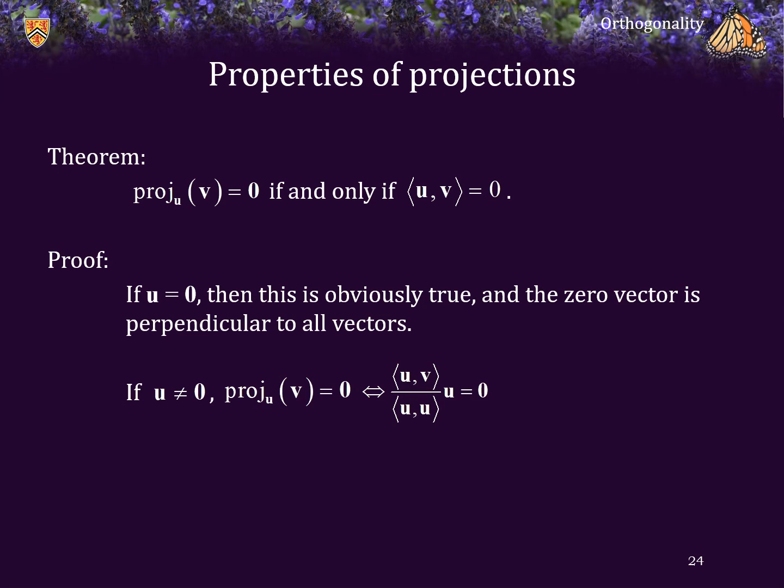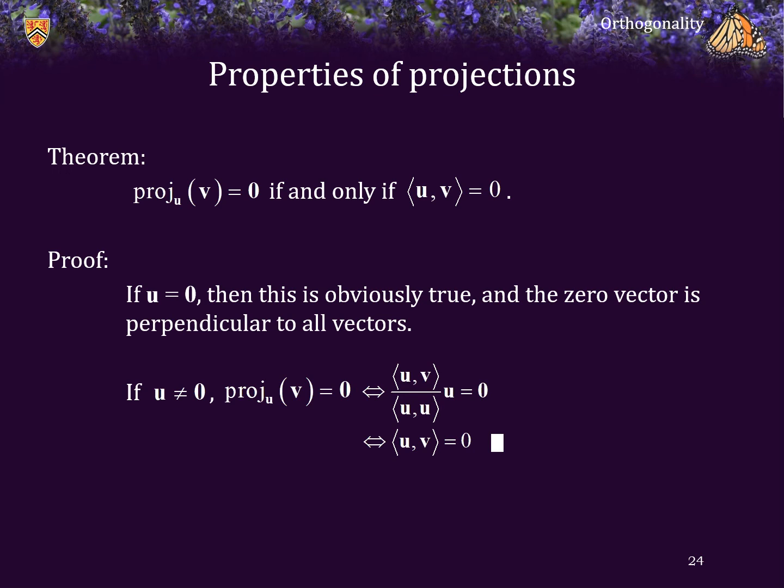Now, the vector u is not the 0 vector by assumption, so therefore the ratio must be 0 for this to be true, and because the ratio is 0 if and only if the numerator is 0, then this is true if and only if the inner product of u and v is equal to 0. That is, u and v are orthogonal, or those two vectors are perpendicular to each other.